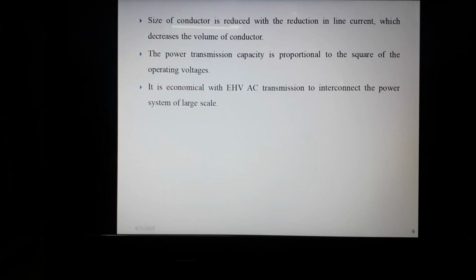It is economical with EHV AC transmission to interconnect power systems on a large scale. With increasing transmission voltage levels, the interconnection of power systems is economical, and so we choose extra high voltage AC transmission.